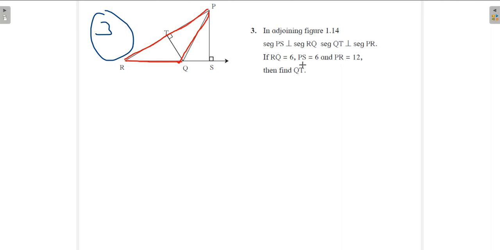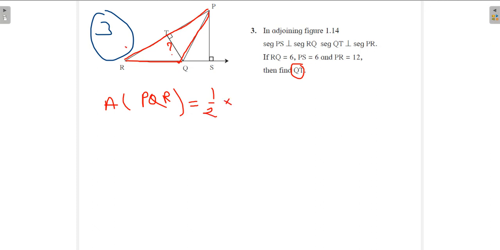Now what you have to find, let me tell you, QT. So this is QT. Okay, this is what we have to find. Now if you know the basic formula of area of triangle, what is that? Area of triangle PQR is equal to half into base into height, right?